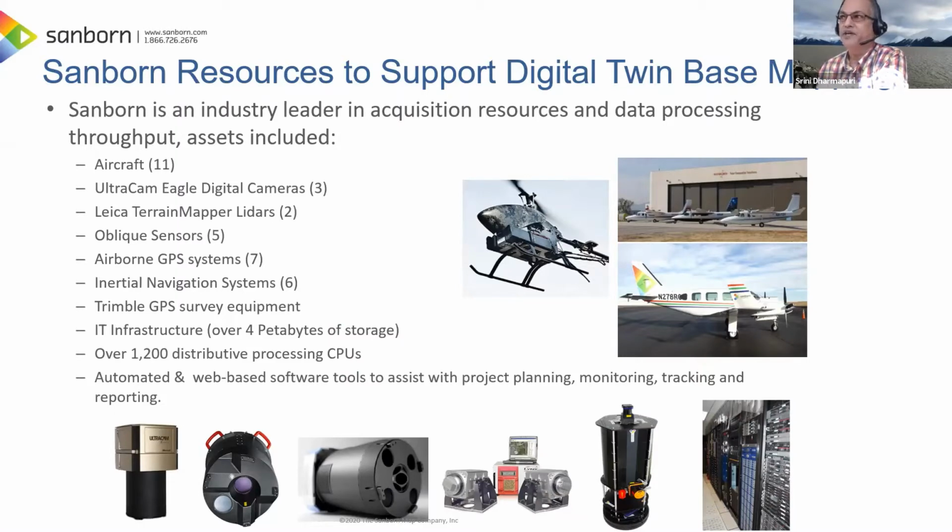In addition to that, we have all the necessary survey equipment for ground control and other things. And finally, the most important thing is that the resolution of the data is improving. Specifically, we are now collecting 3-inch data, so you need to have a very good IT infrastructure. We have more than 4 petabytes of storage and more than 1,200 distributed processing CPUs to support all our production capabilities.